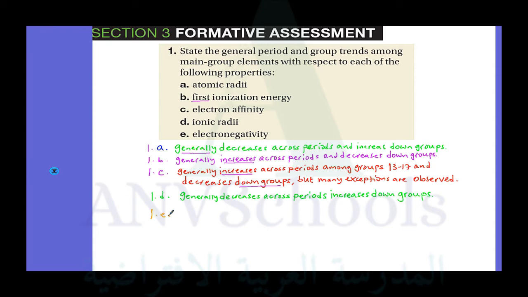Generally increases electronegativity. First we have to define it again, to refresh your memory. Electronegativity is the power of attracting electrons towards the atom during bonding in a chemical reaction, in a molecule formation or a compound formation.